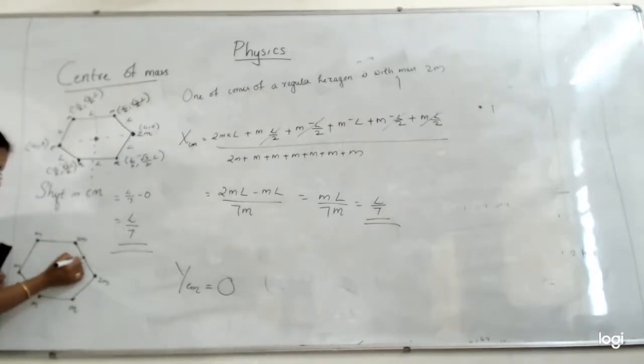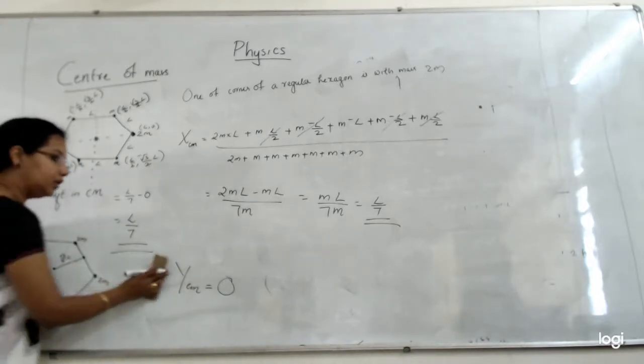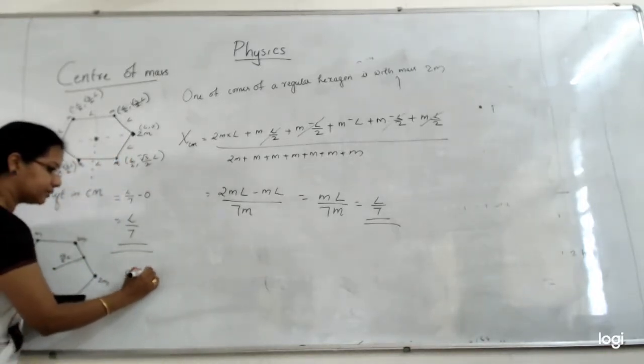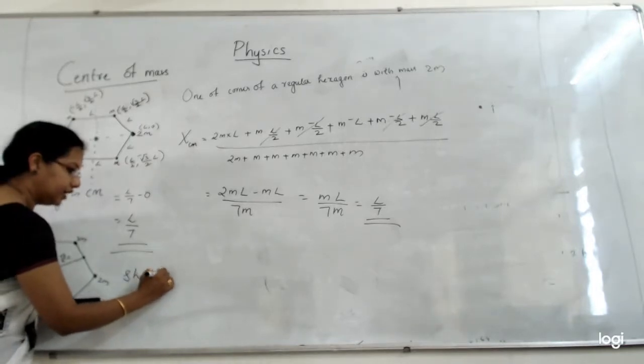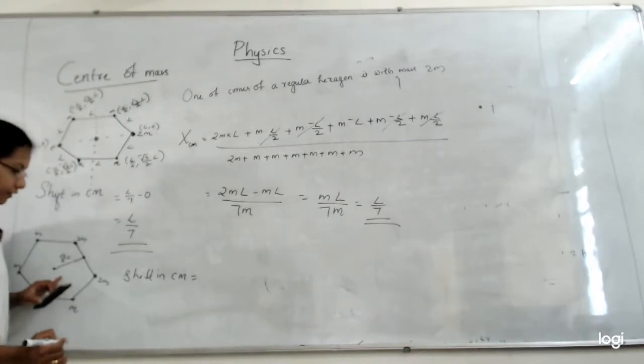The distance from this point to the center is nothing but root 3 by 2 of L. So you can calculate the shift in center of mass, the shift in CM, by another formula.